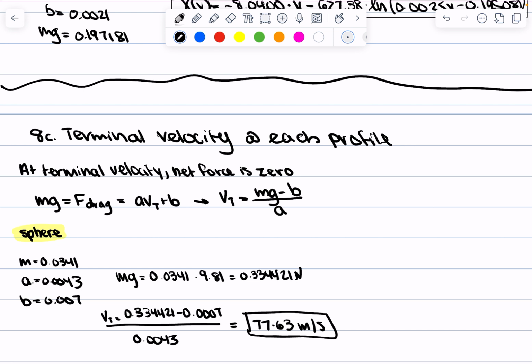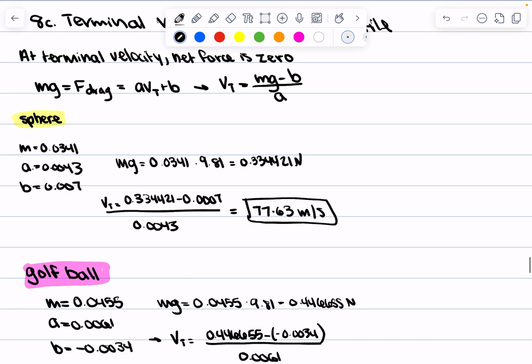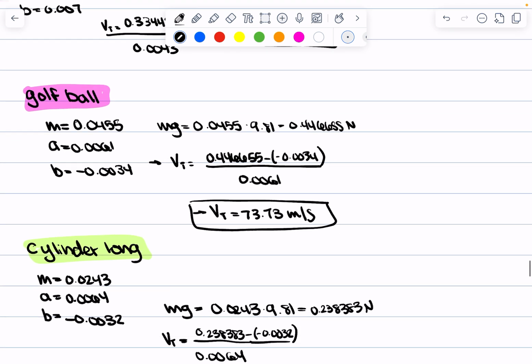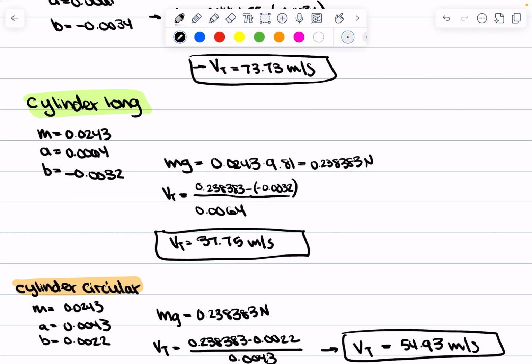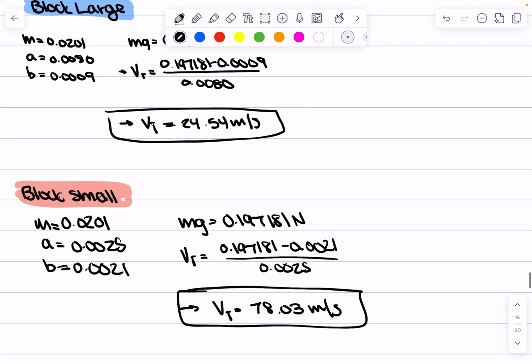And then you're solving for v of t, which is terminal velocity, and you get (mg minus b) over a, and just plug and chug. So here are all my velocities for sphere, golf ball, 2 orientations of the cylinder, and 2 orientations of the block.